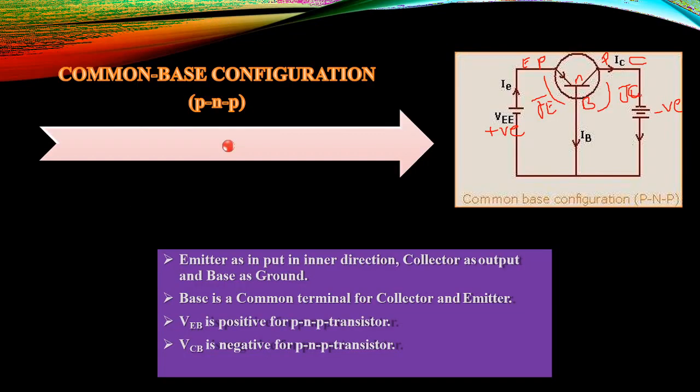If I am varying VE, IE is the input current, IC is the output current, VE is the input voltage, and VBC is the output voltage.